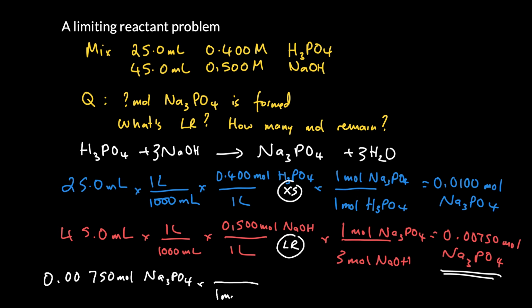So we know for every mole that we formed of sodium phosphate, there must have been a mole of phosphoric acid. So we must have used up 0.00750 moles of phosphoric acid. And then we can ask ourselves, well, how many moles of phosphoric acid did we start with? And then the difference will be the excess.